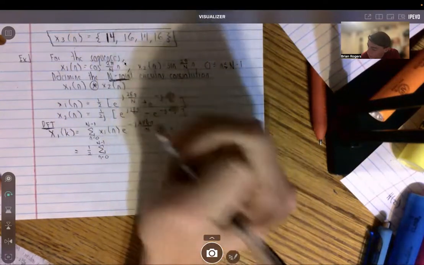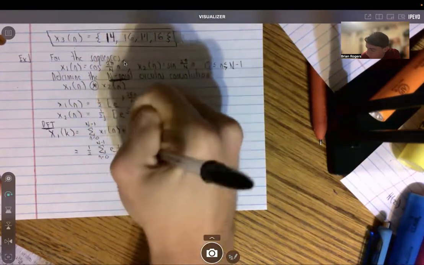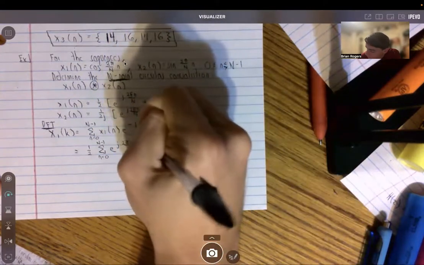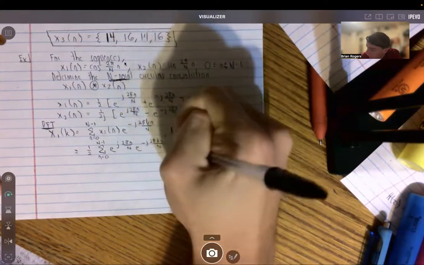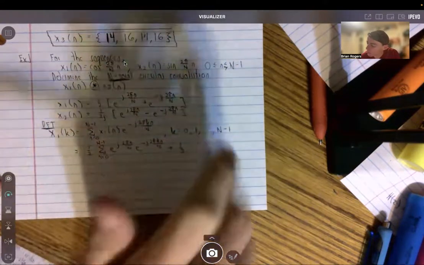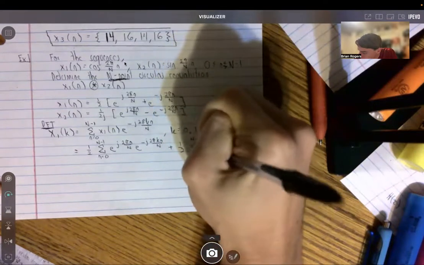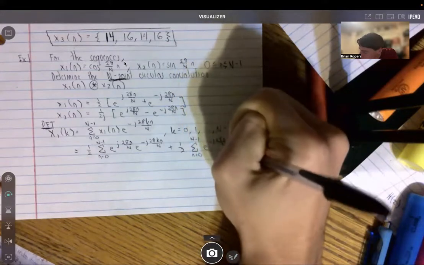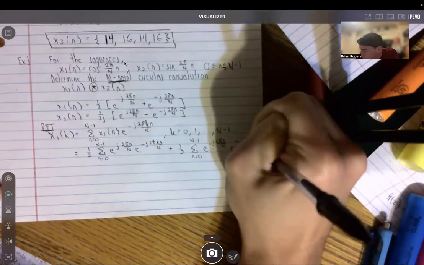Plugging in now, we have e to the j 2 pi n all over capital N for the first part, multiplied by e to the negative j 2 pi k n all over capital N. Then I'm going to just split this up. I'm going to do the second term, taking the 1/2, the coefficient, out. It's going to be the sum from n equals 0 to N minus 1 of e to the negative j 2 pi n all over capital N, multiplied by e to the negative j 2 pi k n all over capital N.